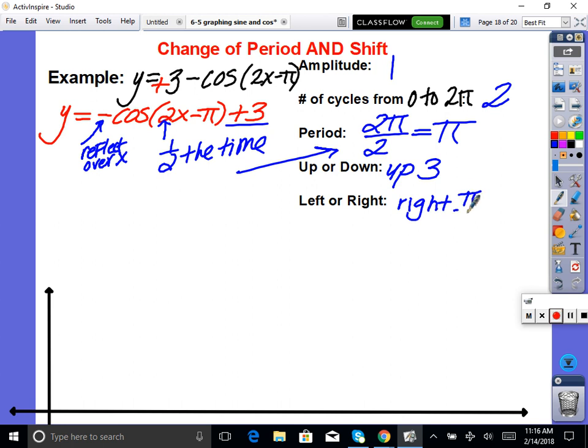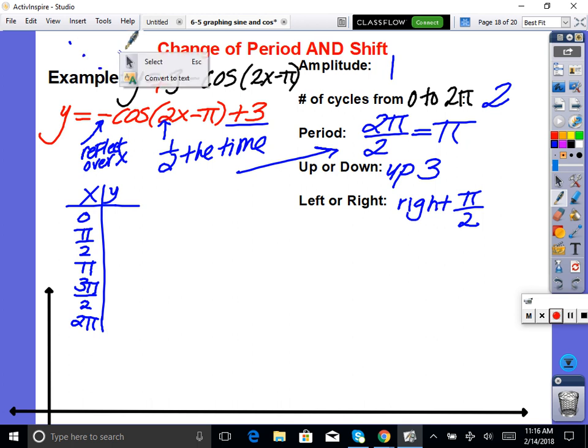And now using the parent function for this one is definitely beneficial. Here we go. Quick. 0, pi halves, pi, 3 pi halves, 2 pi. For cosine, it's max, 0, min, 0, max. So max 1, 0, min, 0, max.